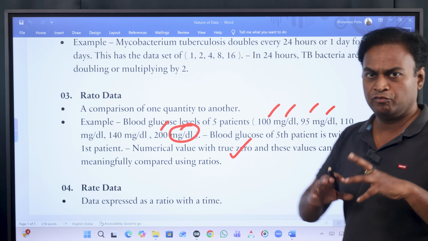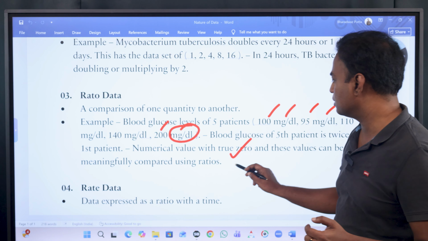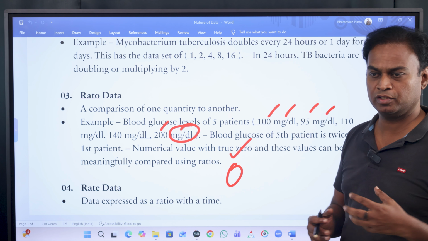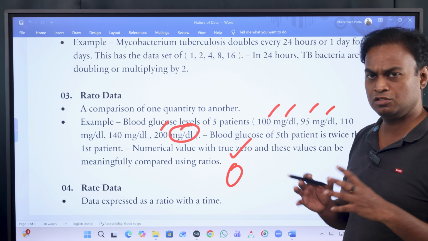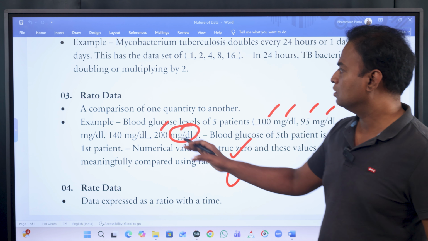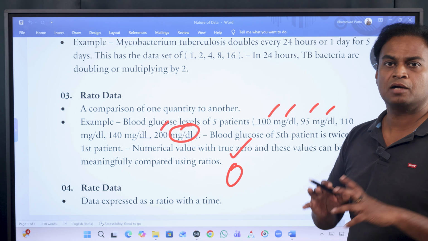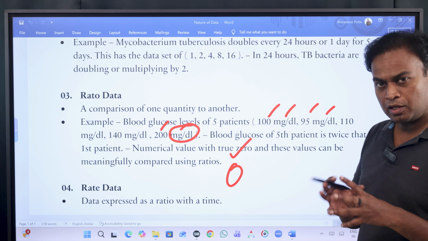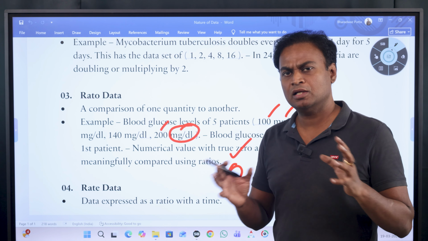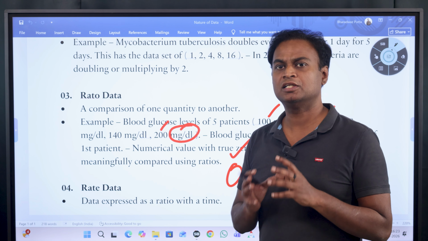True zero means that for a patient, when you give high insulin, the blood glucose can become zero. I have seen cases where the patient went into a coma, where the blood glucose is zero. What it means is, in ratio data, the values can have absolute zero or true zero, and when the data values have true zero, taking the ratios between them is meaningful.